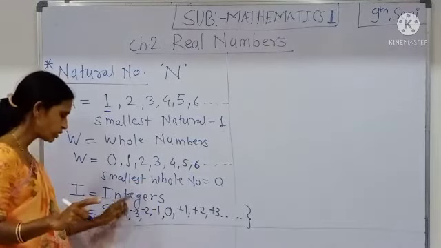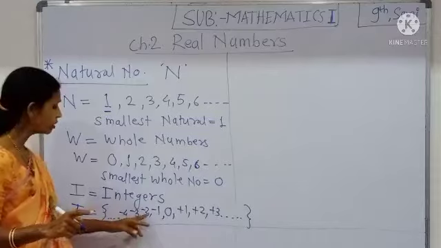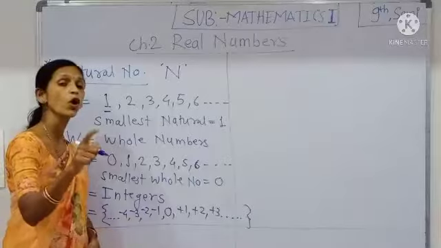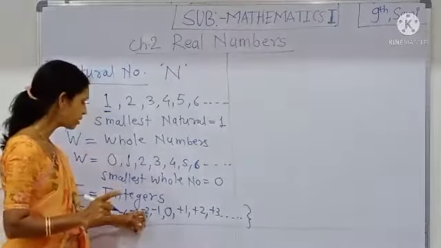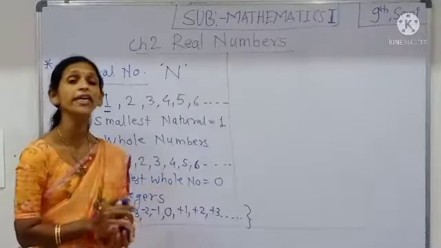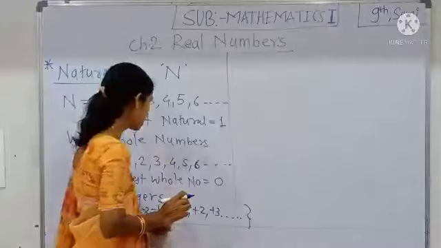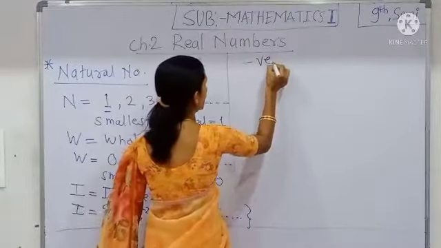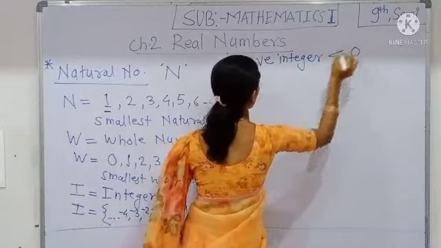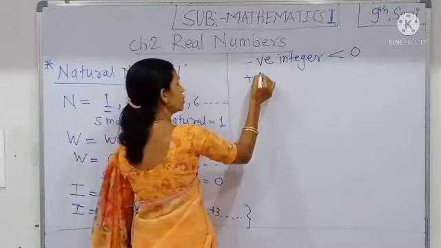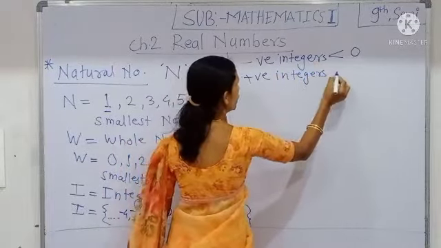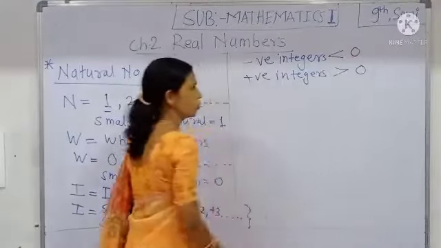Similarly, minus 4 is left of minus 3, minus 2 and minus 1, therefore minus 4 is smaller than all of them. All negative integers are smaller than 0 and all positive integers are greater than 0.